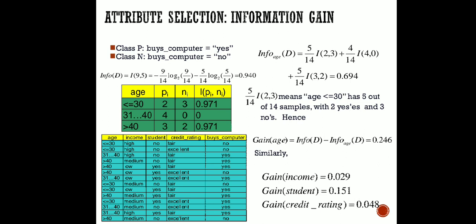If you try it on your own, you know the formula, and age has the highest information gain, so we are going to start splitting from age only. So we have developed the decision tree accordingly.